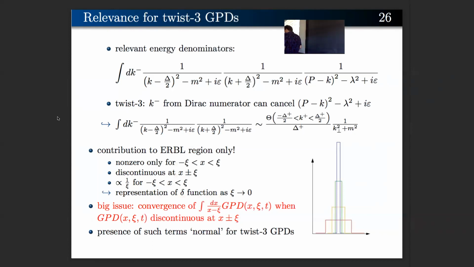So this shows you how you can get the delta functions by going a little bit off forward, but it also brings up another potentially disturbing issue, namely in the factorized amplitude. If you use factorization, then in the DVCS amplitude, you get GPDs convoluted with 1 over x minus or plus xi. And if you have discontinuities like this, you're done.